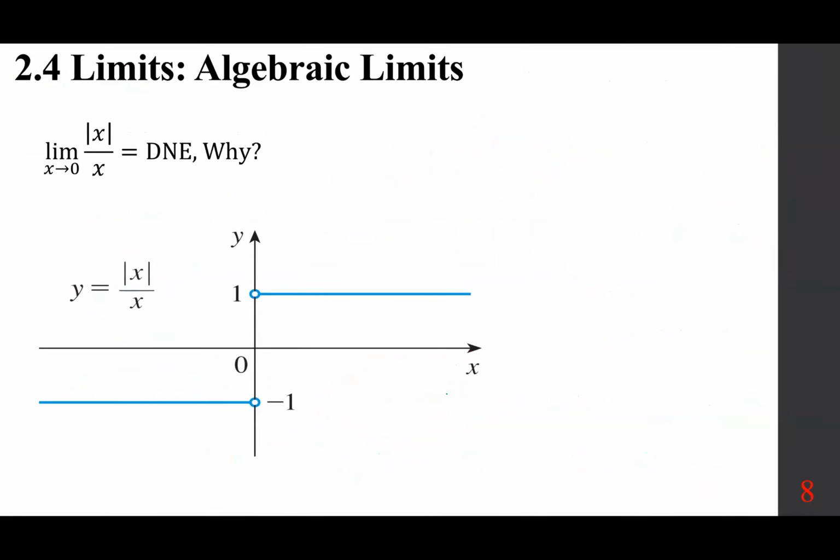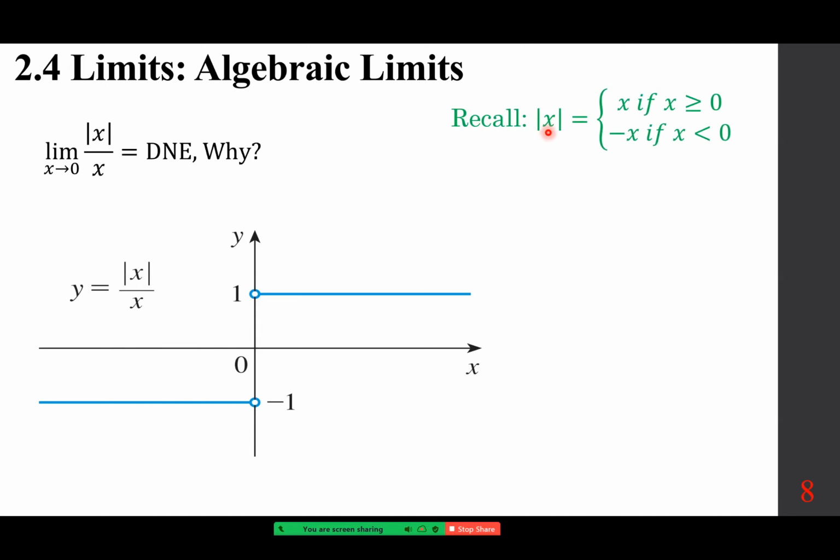All right, here's the function, the limit of absolute value of x over x as x approaches 0. This does not exist. Why is that? First, I want to remind you of the absolute value function, which means distance from 0, and therefore absolute value of x is x if x is greater than or equal to 0, and it's negative x if x is less than 0.